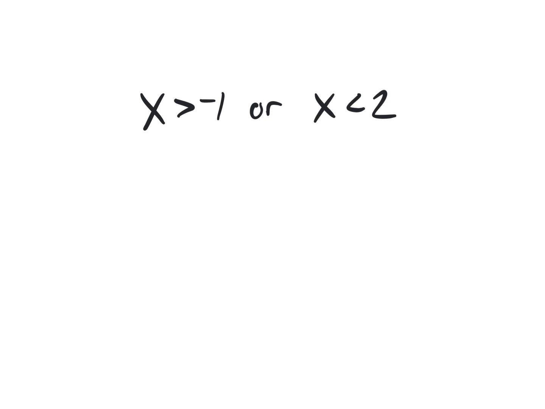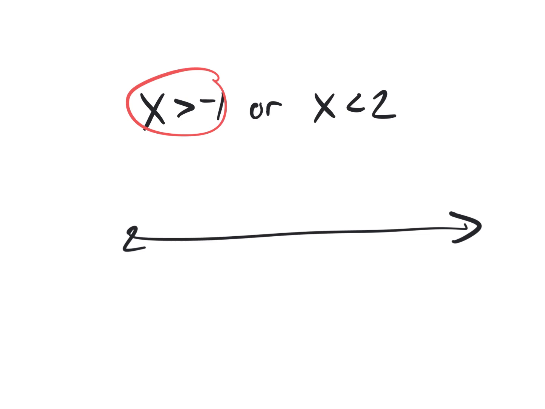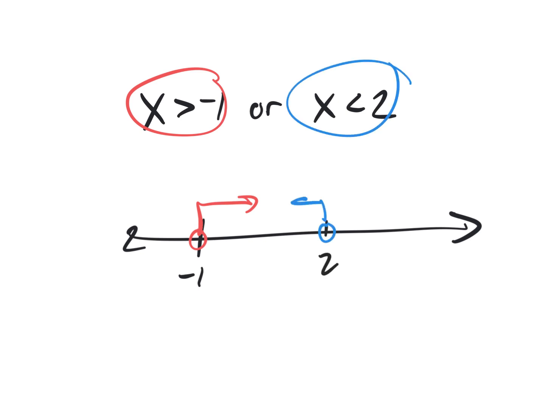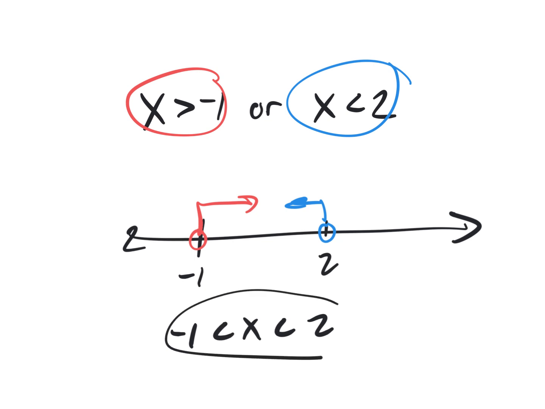If you had this, a lot of people are going to think, like when you graph this guy, here's a negative 1, greater than is to the right, okay? And over here is positive 2. And I'm going to graph this one in blue, less than's to the left. A lot of people are going to think, oh, the areas are together, so I have to write it as a compound inequality with the -1, with the 2, with the less than symbols, and they write this, and it's going to be wrong. What the heck?